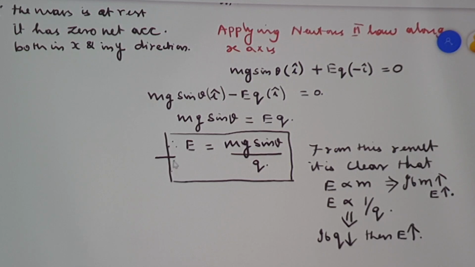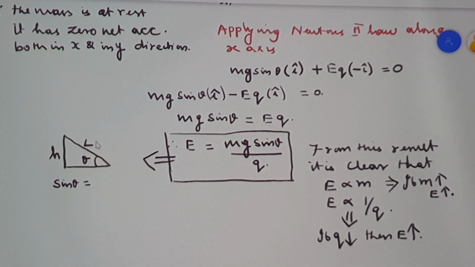See, this equation can also be written in terms of H and L. We know that when you are considering this inclined plane, this is the inclination angle theta, the length of the inclined plane is L, and the height is H. From this you calculate sine theta. Sine theta is opposite side divided by hypotenuse, so I can write this as H divided by L. Substitute in this equation.